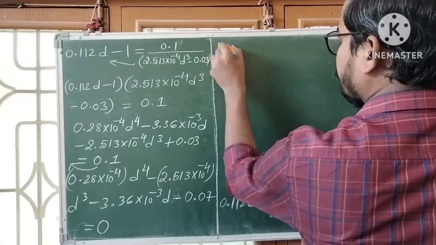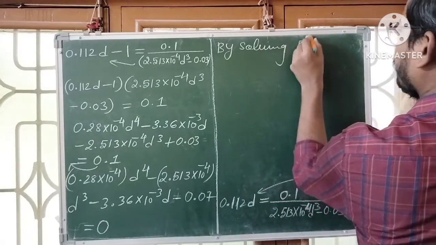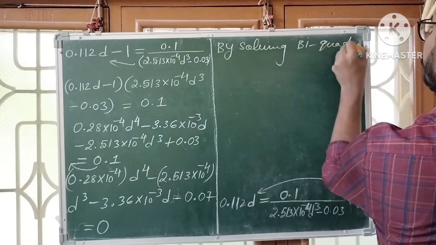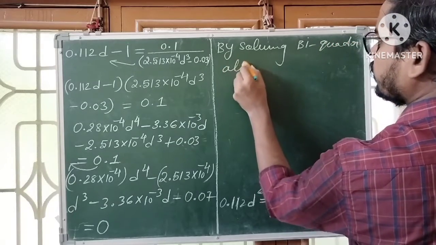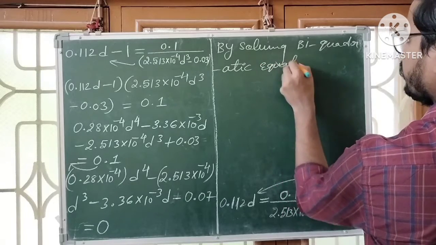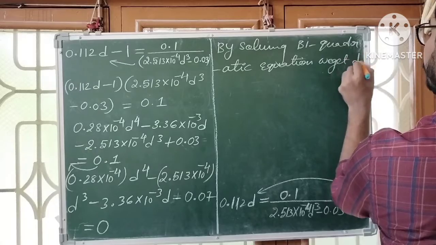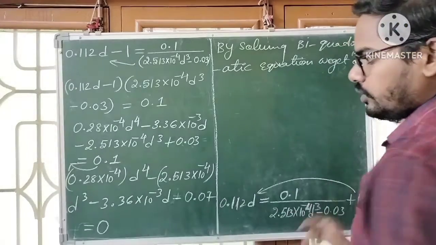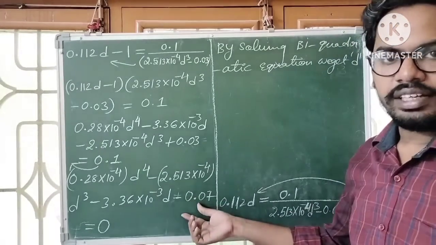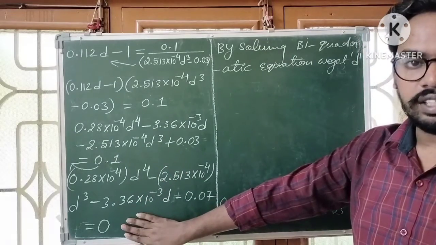By solving the biquadratic equation, we get d. Using a scientific calculator, we can find the solution of this biquadratic equation.